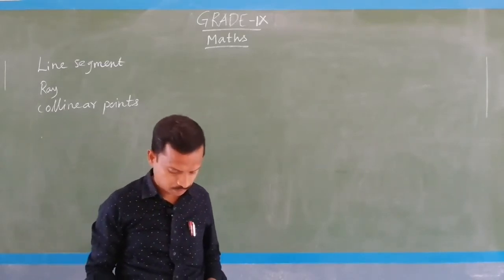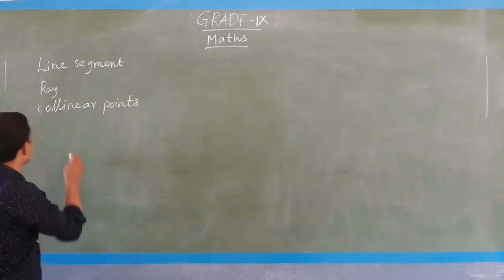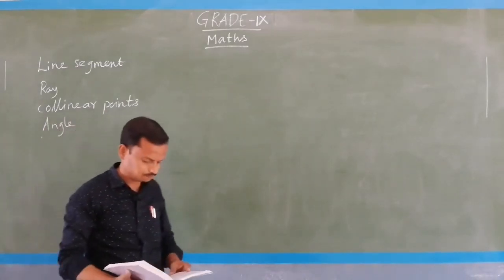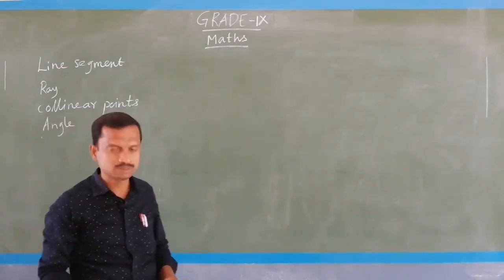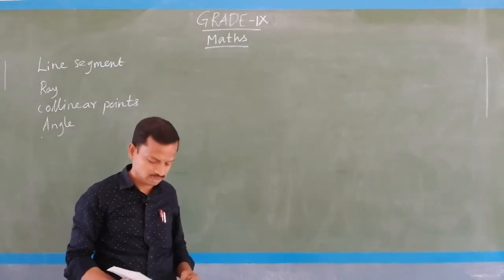And then angle definition, angle. Under that I will read out: an angle is formed when two rays originate from the same endpoint.